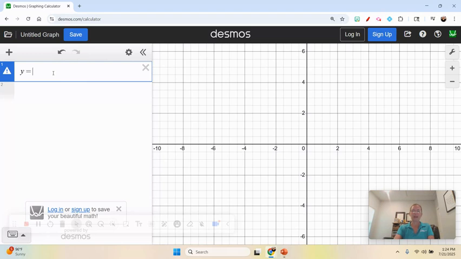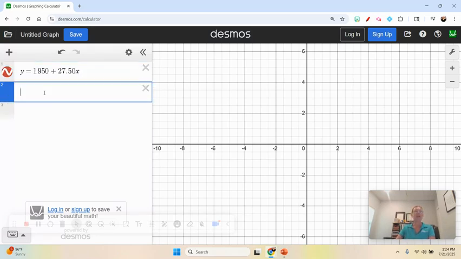Okay, so in line 1, I'm going to type y equals 1950 plus 2750x. That was for the Mediterranean villa. And then in line 2, I'll type the other equation, 1250 plus 3250x.